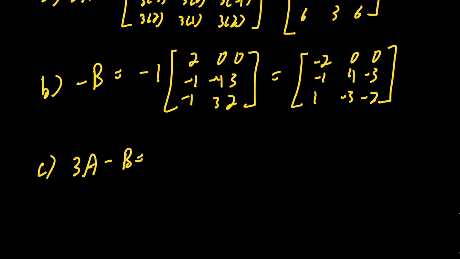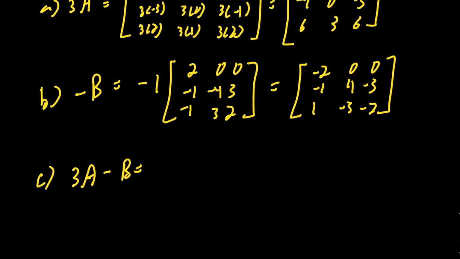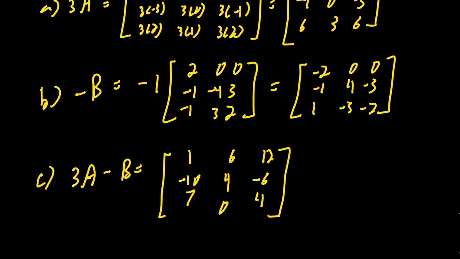But in this case, you'll be subtracting. So if you were to grab matrix B and subtract it from 3A, you end up getting a matrix of 1, -10, 7, 6, 4, 0, 12, -6, and 4. And there you go. That is how you perform scalar multiplication as well as matrix subtraction.